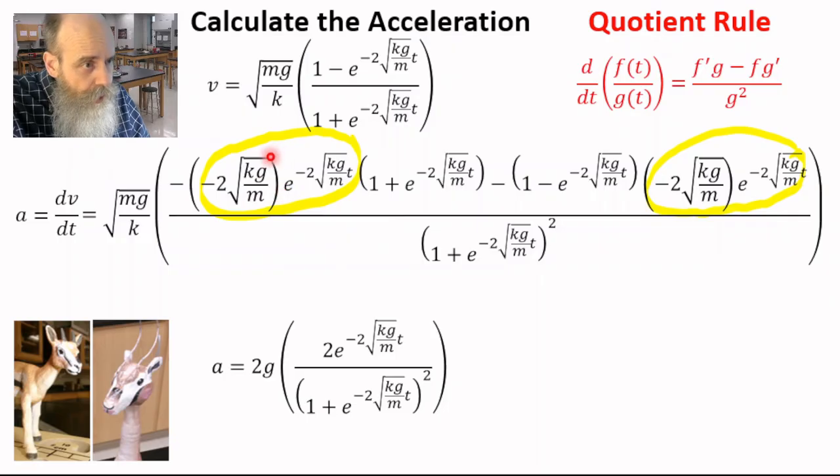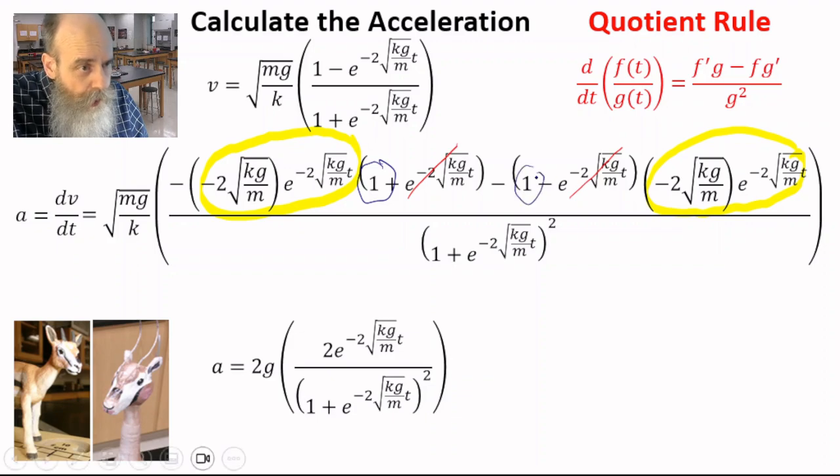This factor, 2 square root kg over m times square root mg over k, is 2g. And then some things cancel out. Let's look at what cancels out. Negative times a negative times a positive, that's a positive. Negative times a negative times a negative is a negative. So this cancels out with this. And then we are left with the ones.